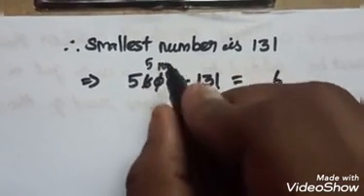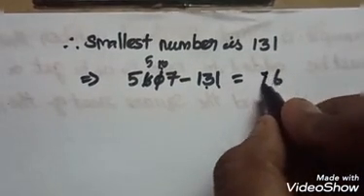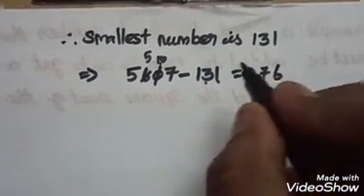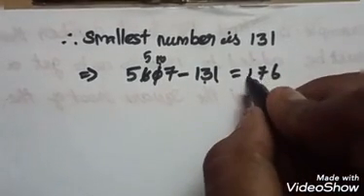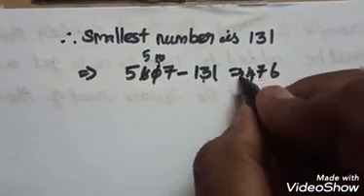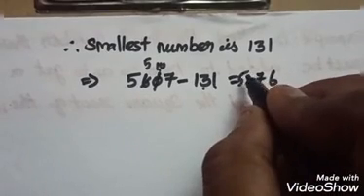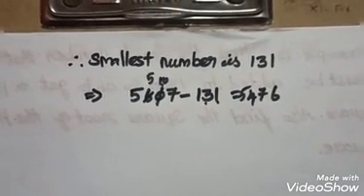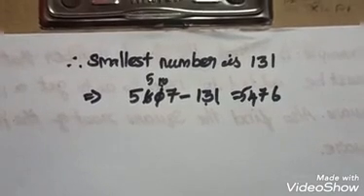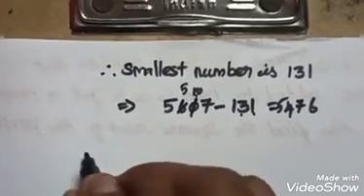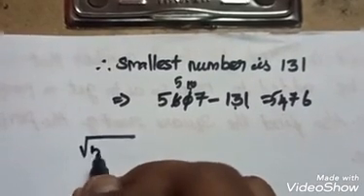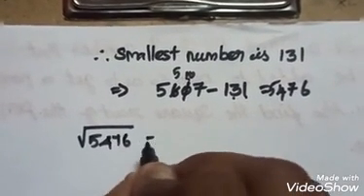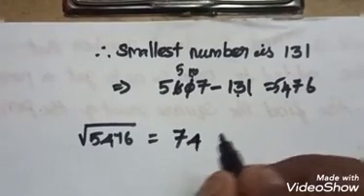This 6 becomes 5. So 10 minus 3, 7. 5 minus 1, 4. So now you got 5476. The square root of 5476 is equal to 74.